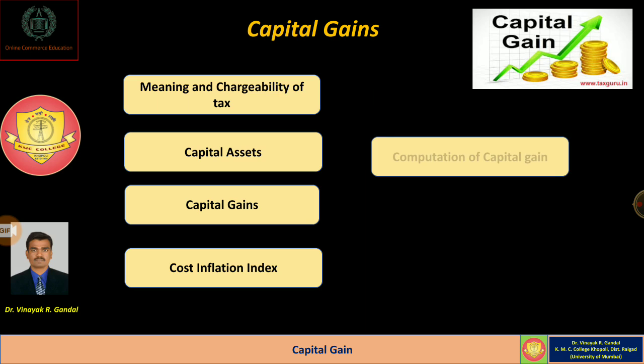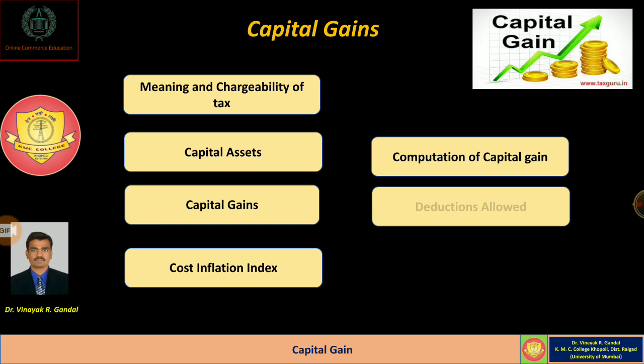And we have to study the detailed procedure of computation of capital gain under the two types, short-term and long-term capital gain. And also we have to learn about deductions allowable under section 54 from the income tax point of view.